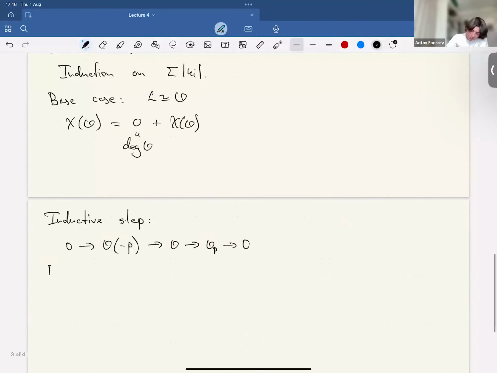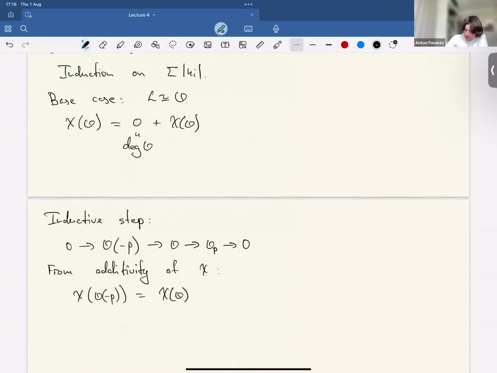Then from additivity of chi, we get that chi of O minus P equals chi of O minus chi of O of P. But chi of O of P is very easy to compute.